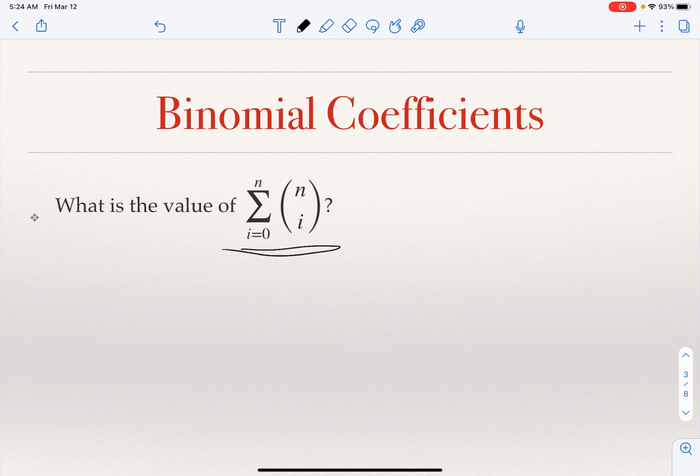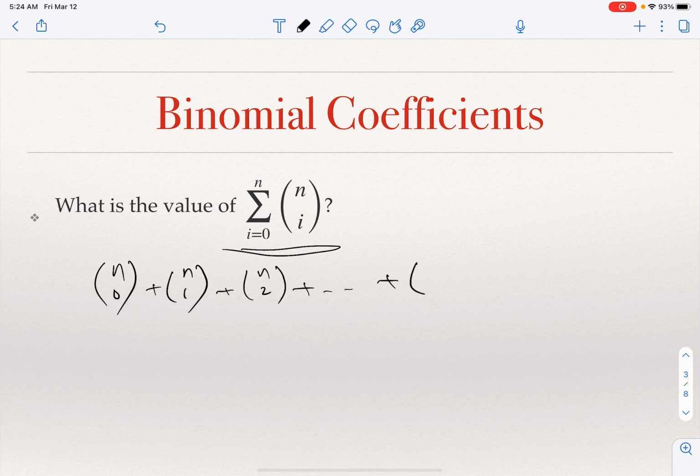You can say there are n choose 0 subsets of size 0, n choose 1 subsets of size 1, n choose 2 subsets of size 2, all the way to n choose n subsets of size n. This summation is the sum from i equals 0 to n of n choose i.